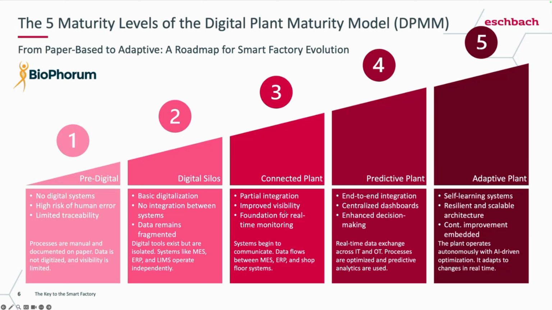So what does it now mean to have that 5-step approach in order to climb up the ladder from paper-based, or maybe already having MES and other systems in place, but as already said, in an isolated state, to become a more mature and, at the end of the day, adaptive plant or smart factory.